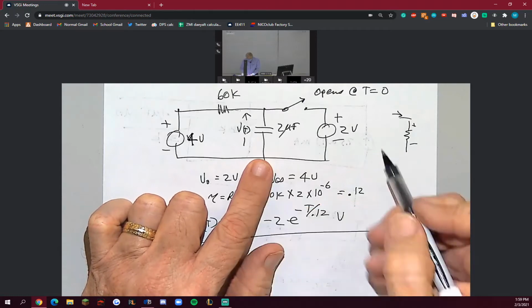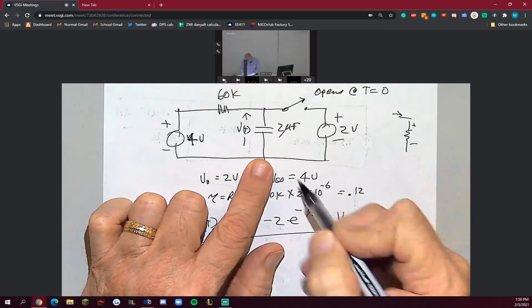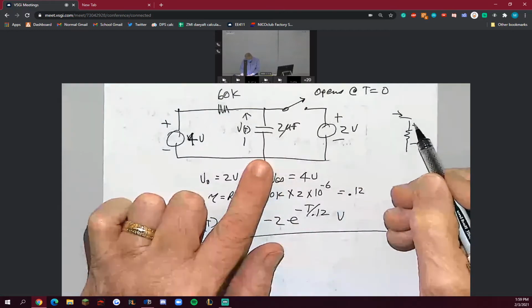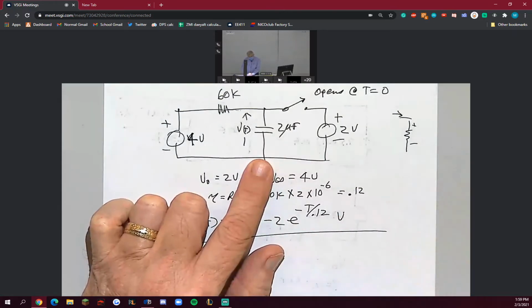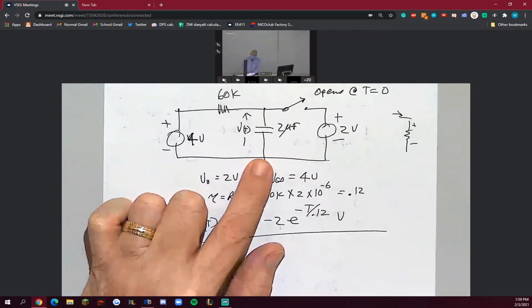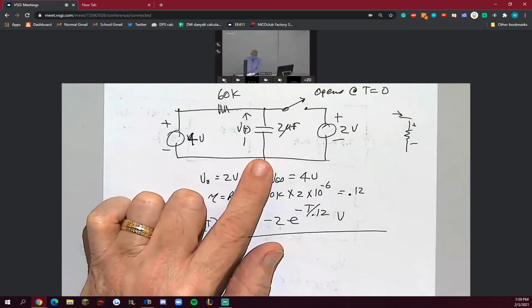And so we've got current coming in, and that'll make a voltage that's positive at the top and not at the bottom. Does that make sense now? Not really. I'll figure it out later.